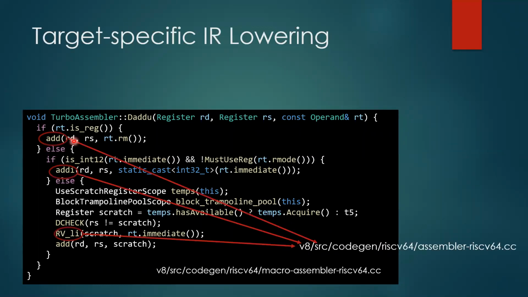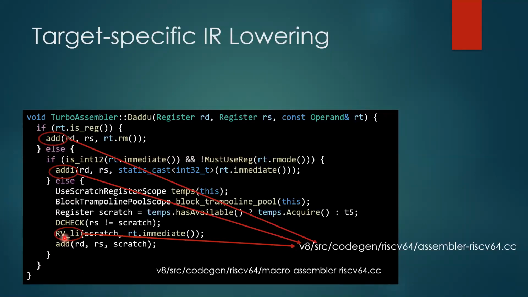As you can see, for the naming convention, capital case is the TurboAssembler interface, and lowercase is what they call the Assembler interface. These can be found in assembler-riscv64.cc, and the naming convention strictly matches the naming convention of RISC-V instructions. So you can see it.